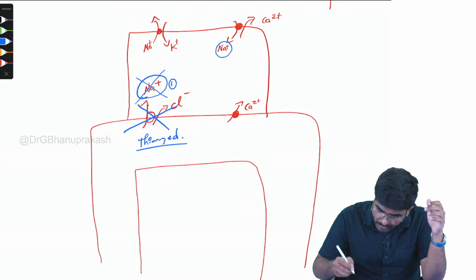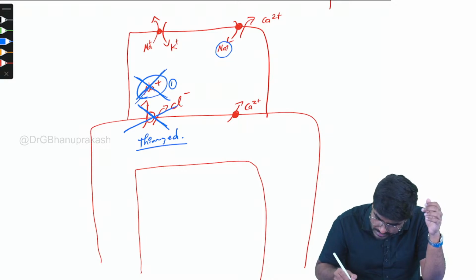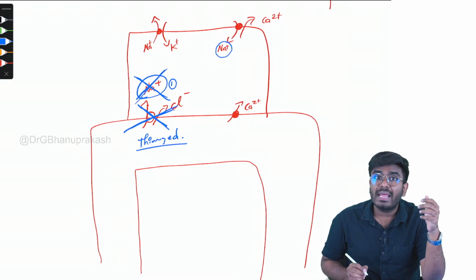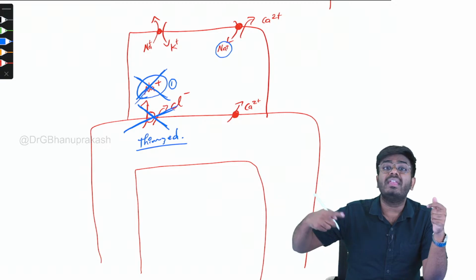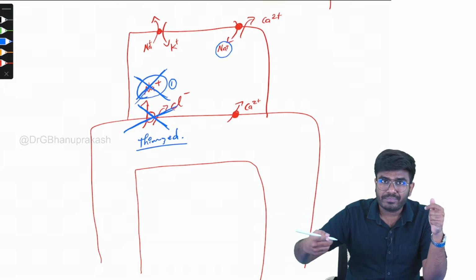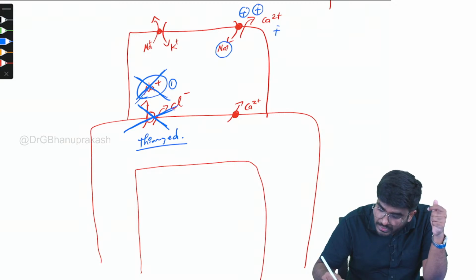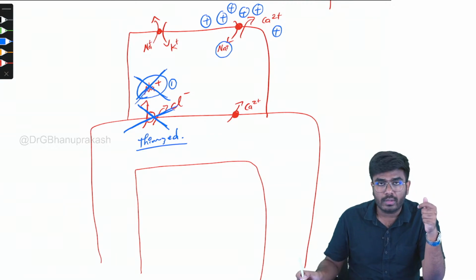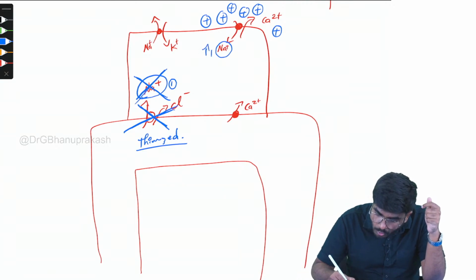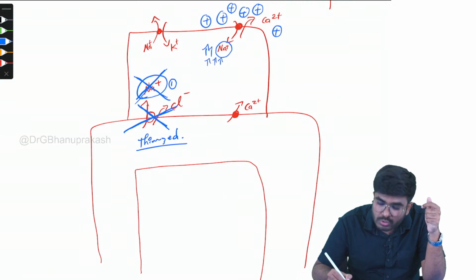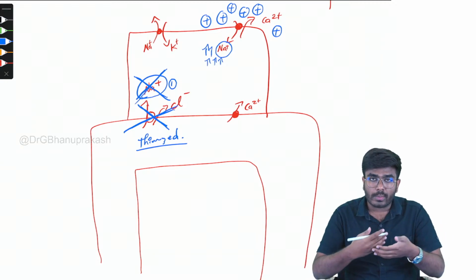So if you block one way, what should happen? The other way needs to be activated. Now the sodium calcium exchanger will work more, to bring more sodium into the cell. It's working more and more.